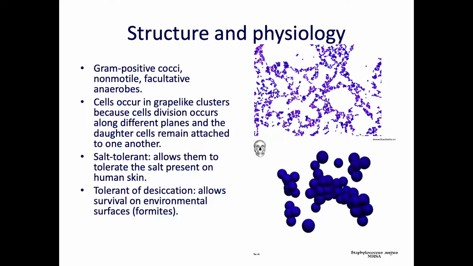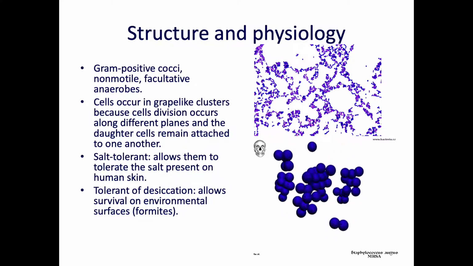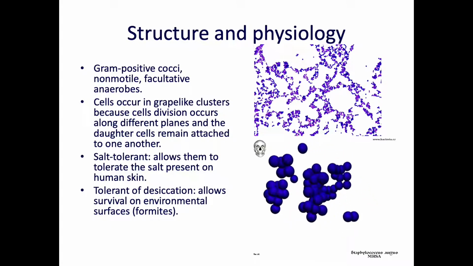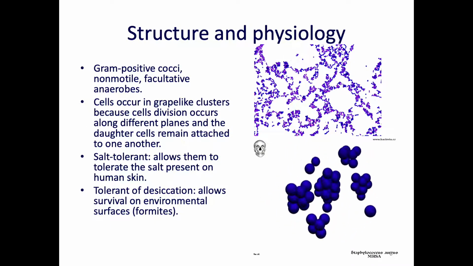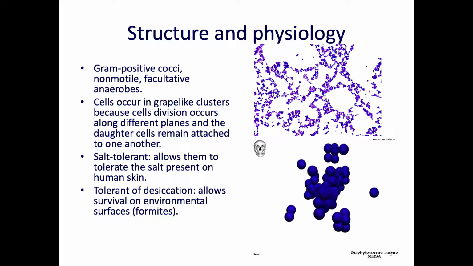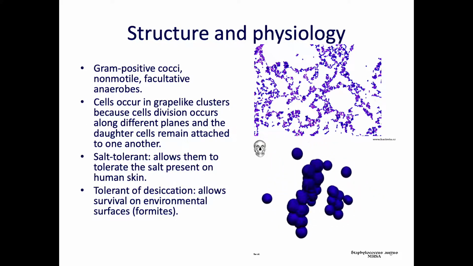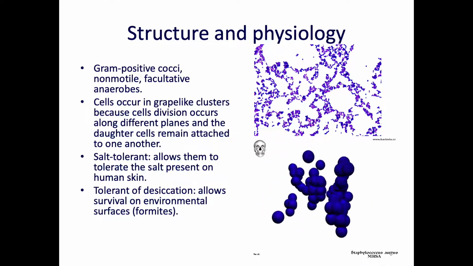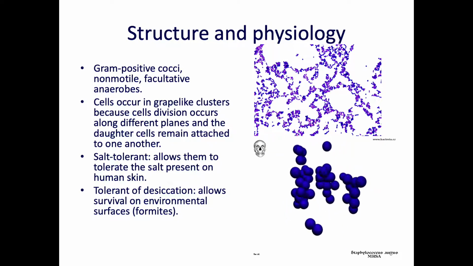Also, these bacteria are tolerant to desiccation, and this allows them to survive in the environment on surfaces like fomites, for example. This is why these bacteria became so dangerous for hospitals and cause nosocomial infections.